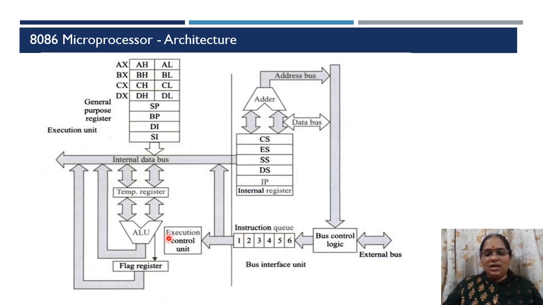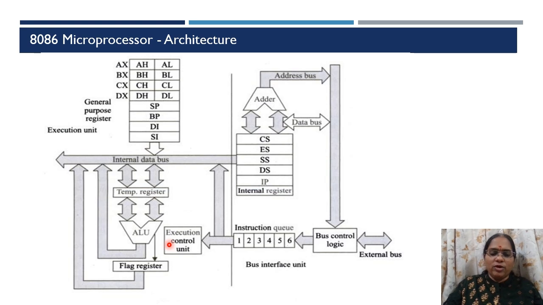Once the instruction queue is getting filled, it is the role of the execution unit to execute the process. It works first in, first out. Whichever instruction is fetched first will be read by the execution control unit. It fetches the first instruction and decodes what function it has to perform. Correspondingly, it fetches the data. Suppose we are fetching data from the AX register and loading it into some location: fetch the data from the register, and through the data bus it will be loaded and passed to the memory.